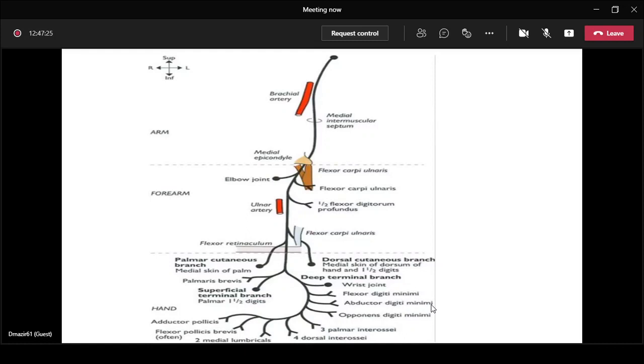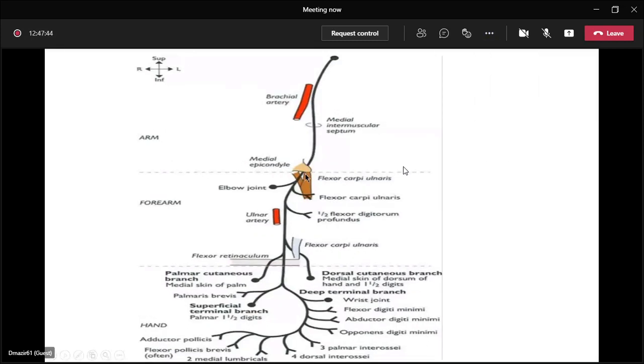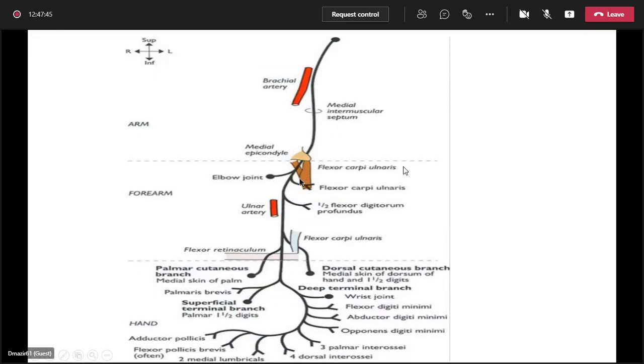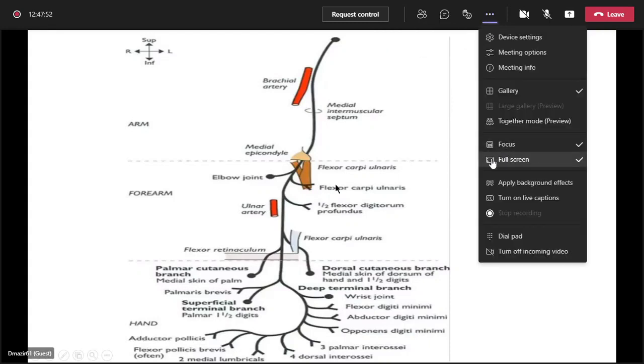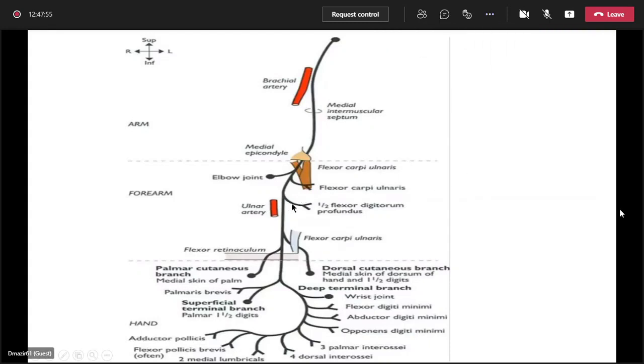So this is the flow chart of the ulnar nerve. Starting from here, the medial cord of the brachial plexus, along with the posterior aspect and medial side of the arm, traveling down to the medial epicondyle between two heads of the flexor carpi ulnaris, giving articular twigs to the elbow joint, and then the muscular branches to the flexor carpi ulnaris, medial half of flexor digitorum profundus.